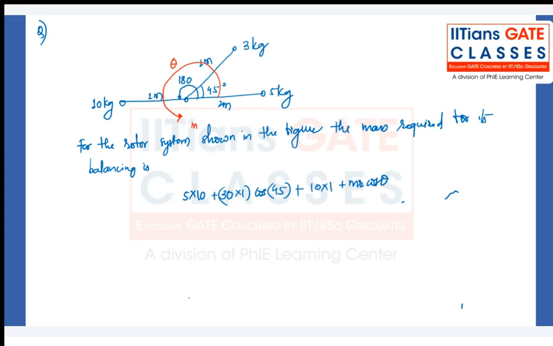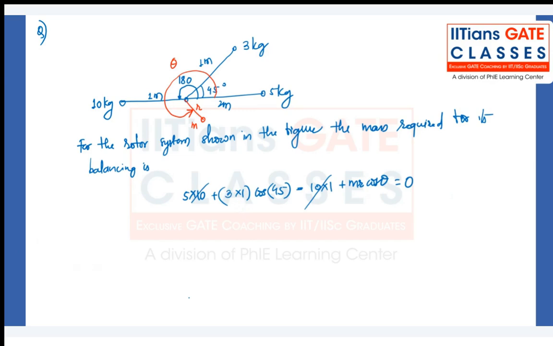This is mass M, and this is radius R. Plus MR cos of theta I'm writing. I don't know whether it is positive, negative, how much, equal to 0. With this assumption you can proceed. So this 10 will get cancelled. 3 into 1 into cos 45.